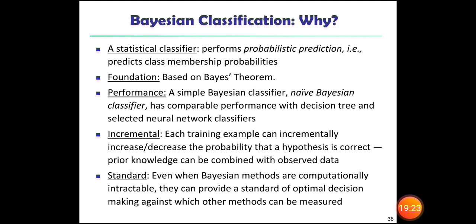So training can be performed incrementally. The Bayesian classifier is also a standard: even when this method is computationally intractable, it can provide a standard of optimal decision making against which other methods can be measured.